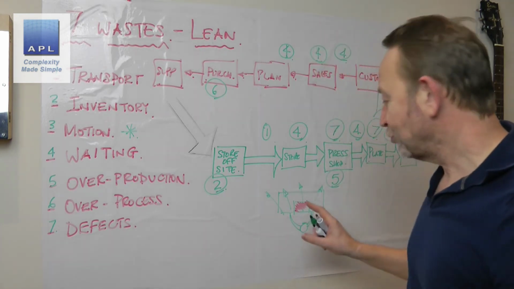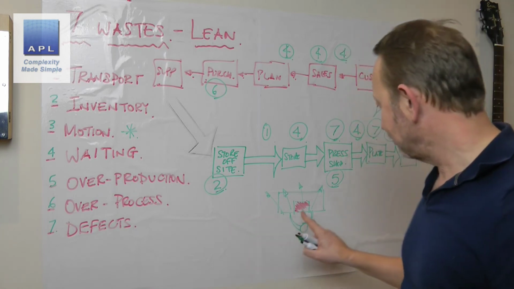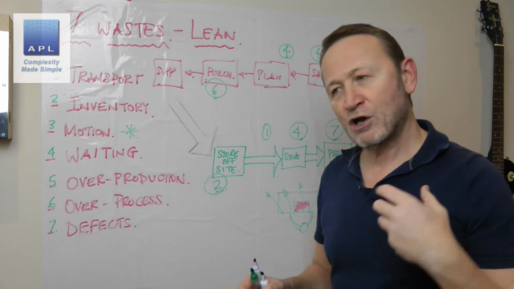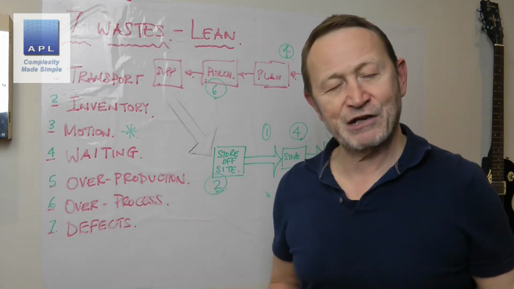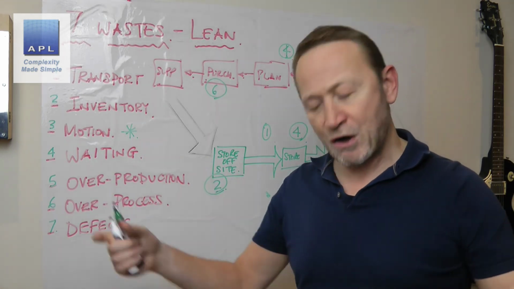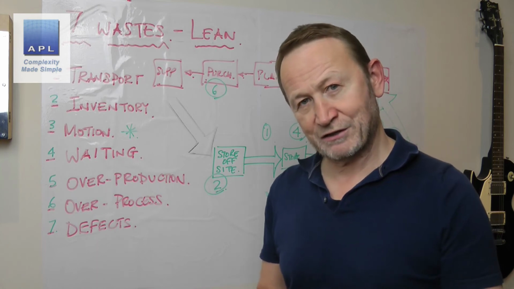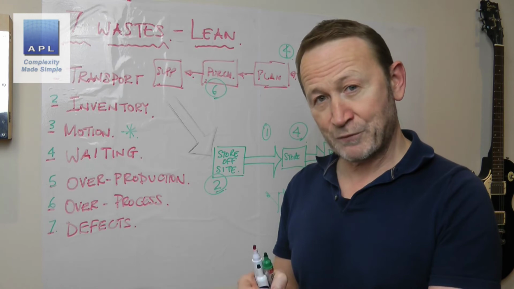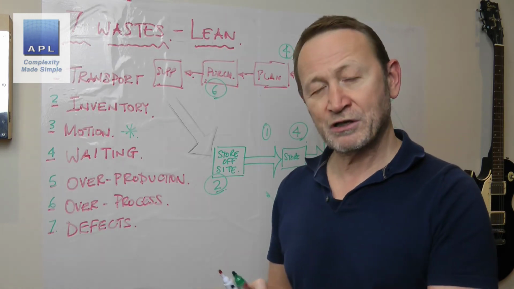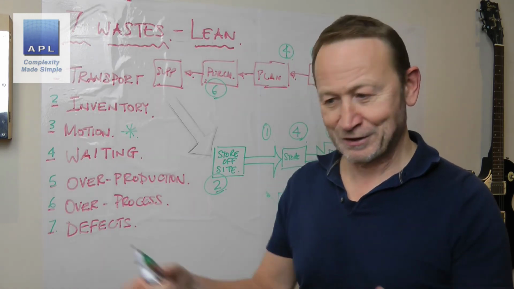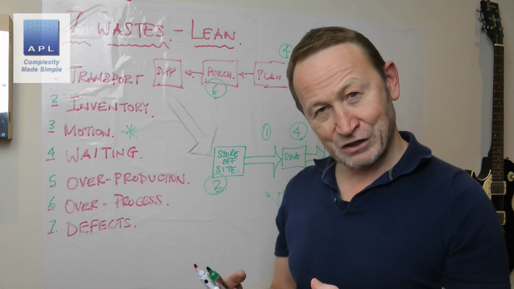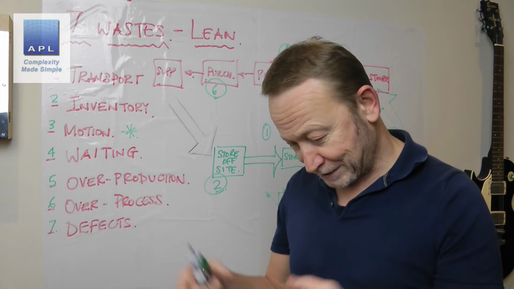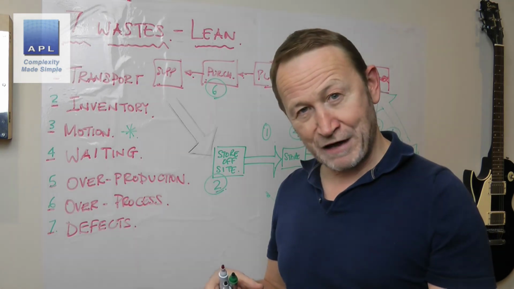However, just thinking subtly for a second, why is the person reaching? What are they reaching for? Well, they are reaching for the material. They're reaching for the parts to make the assembly go together. So again, for me, if you wanted to stop them reaching, what would you do? Well, you concentrate on the material and you bring the material closer to the point of activity, close to the point where the value is added.